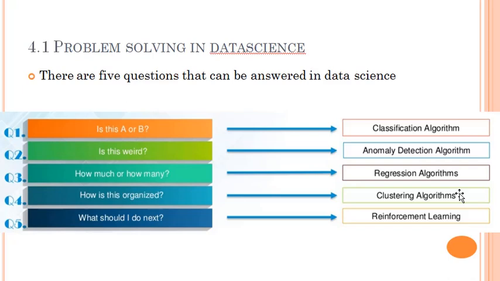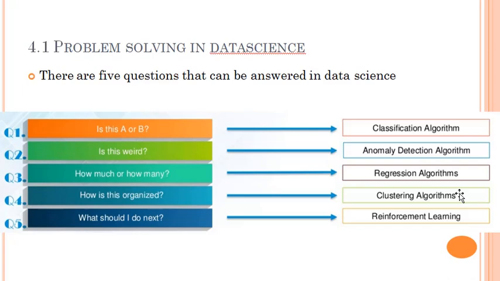Based on some similarity measure, or after analyzing the underlying characteristics of different instances, we form their groups or clusters, right? So we are interested in the organization of the data, and we want to see how many groups or clusters are present in the whole data set.